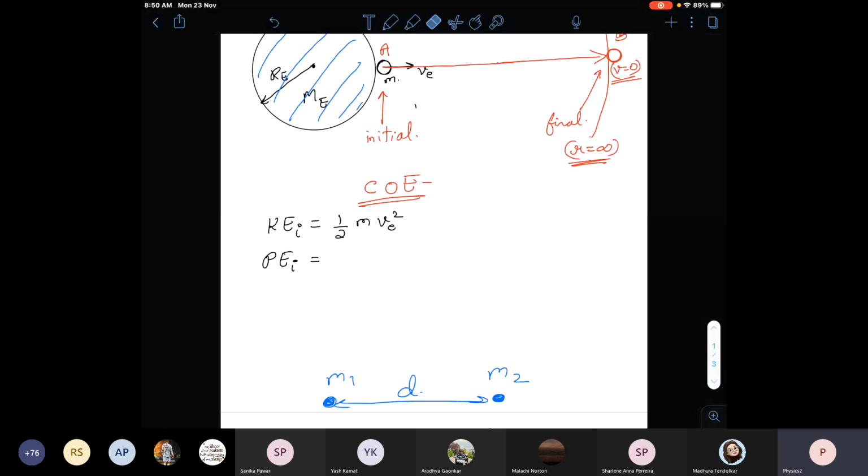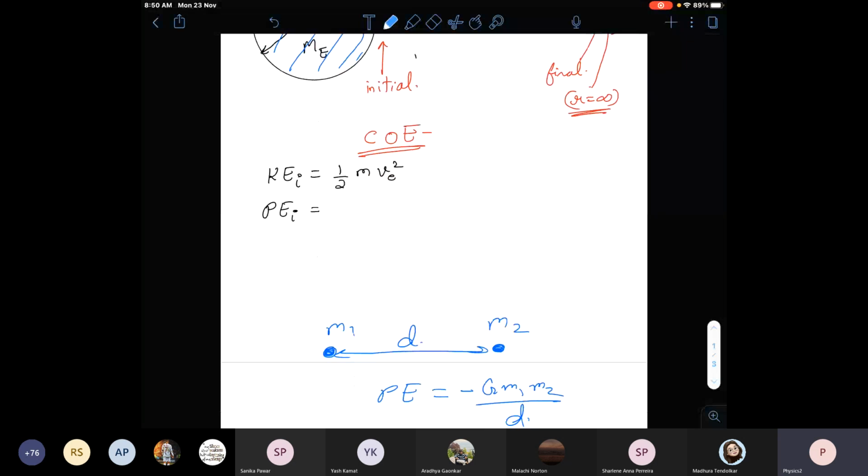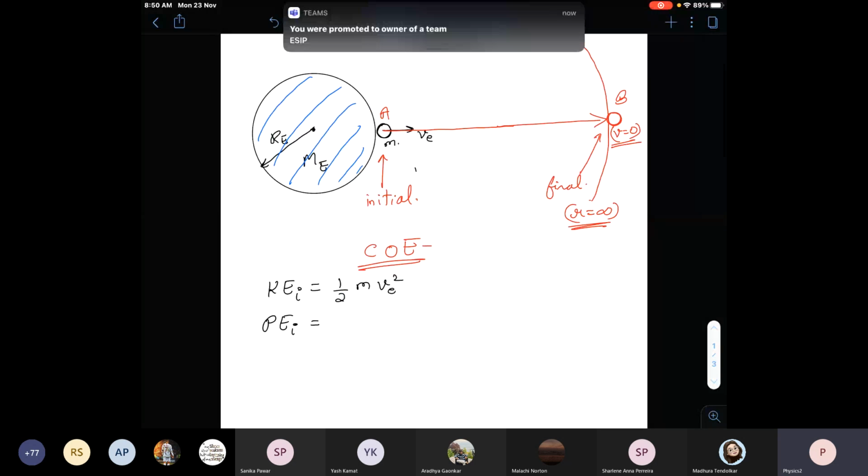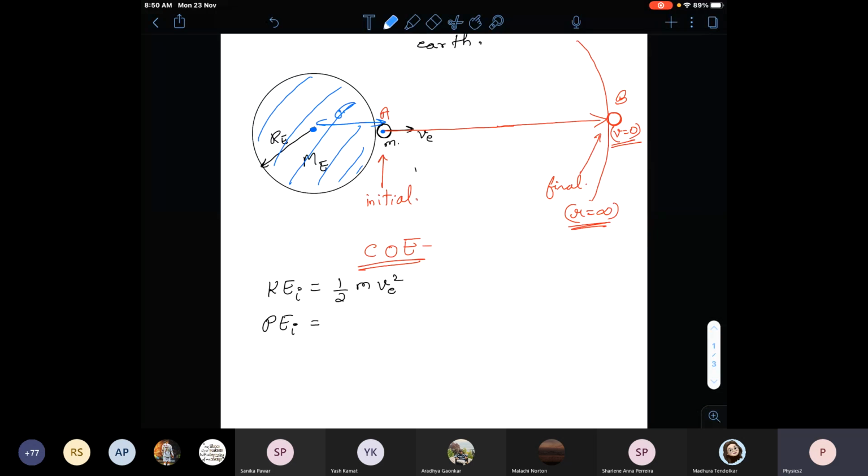Again from the starting. You have not studied potential, so it doesn't matter. If the potential energy of two point masses is minus G m1 m2 by d, then when I have the Earth and the smaller mass at a center to center distance of re from each other, the potential energy of the system can be written as minus G Me m by re.